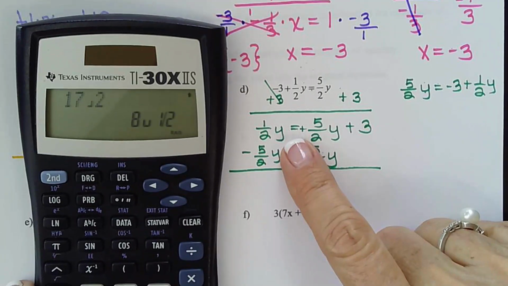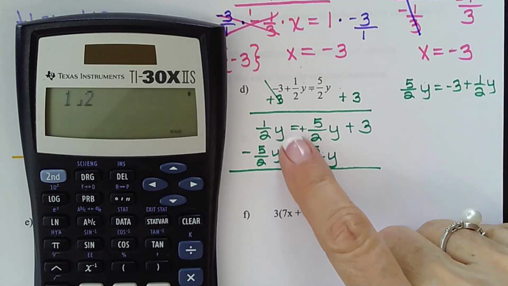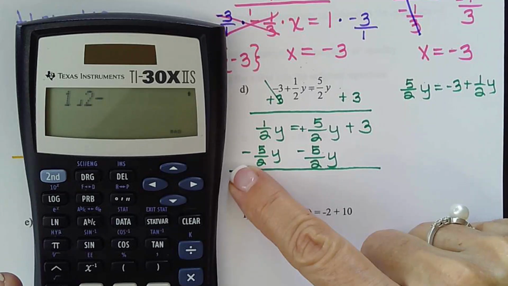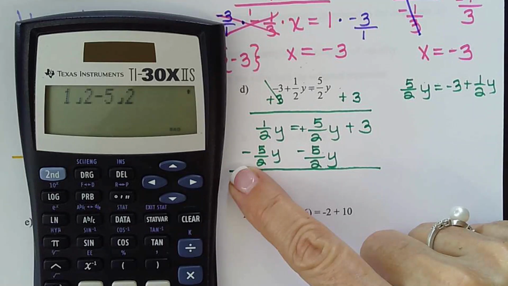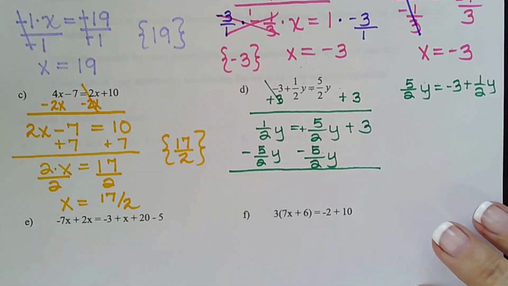So let's just do it. Practice on the calculator is always good. 1/2 minus, that's subtraction, 5/2. And that'll tell you it's -4/2, which is -2y.